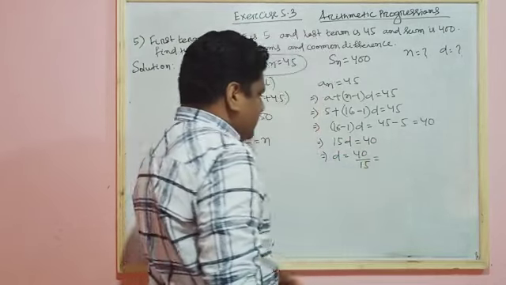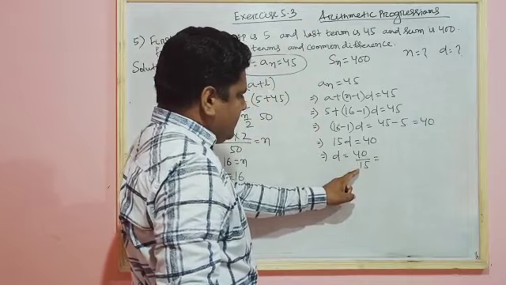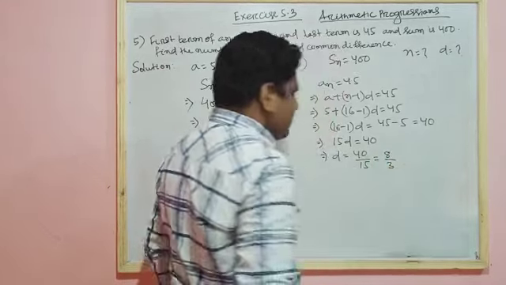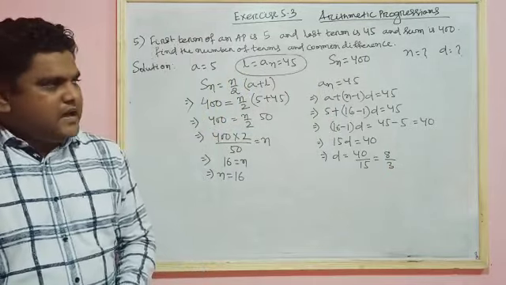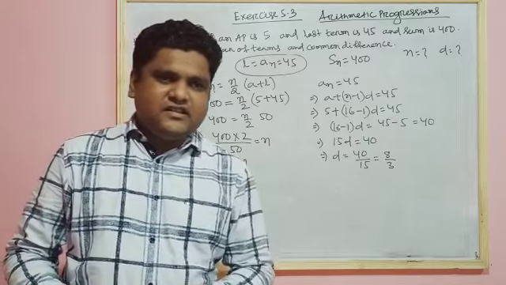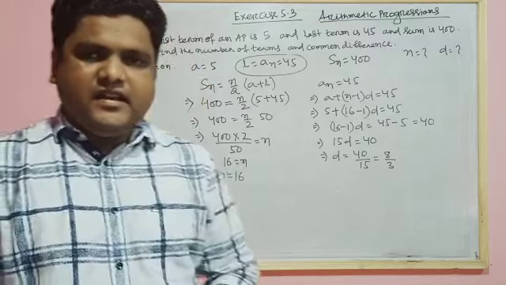When you cancel 5 and 5 from numerator and denominator, it will be 8 by 3. Now we can write the final answer that the AP contains 16 terms and common difference is 8 by 3.